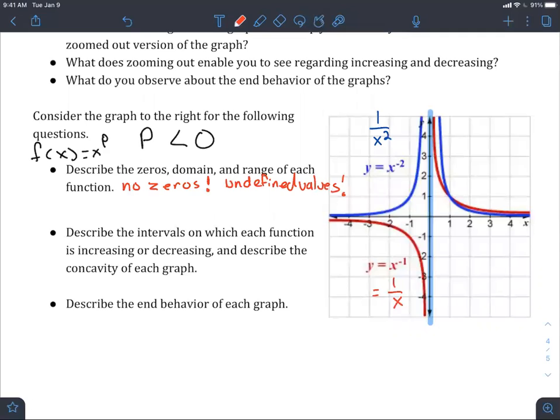So with the exception of these undefined values, the domain is basically anything except certain values. And the same thing happens with the range to a certain extent.